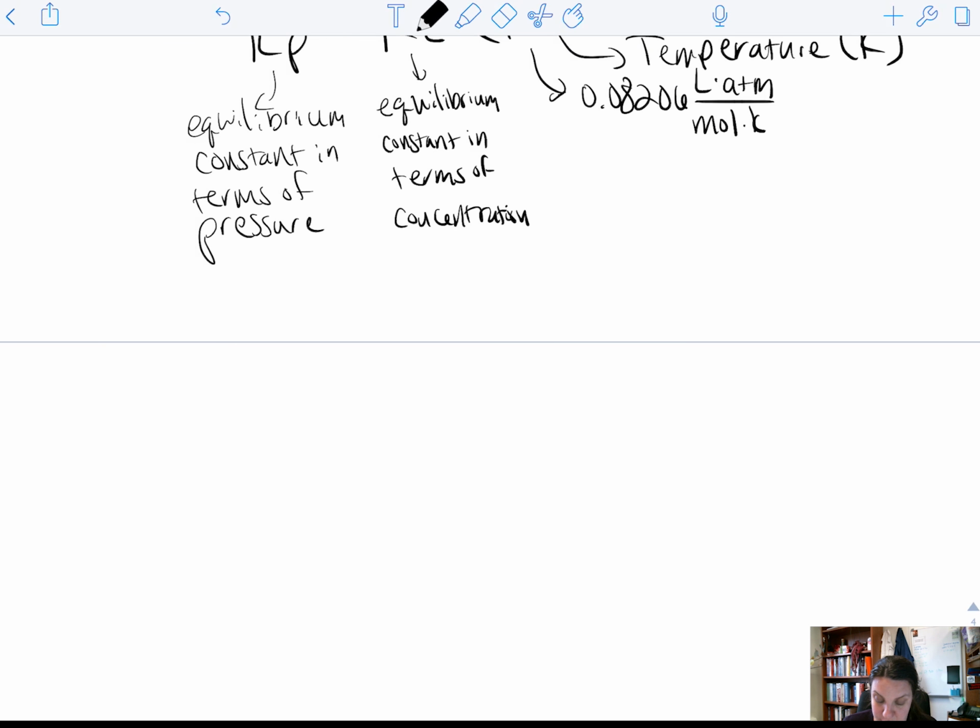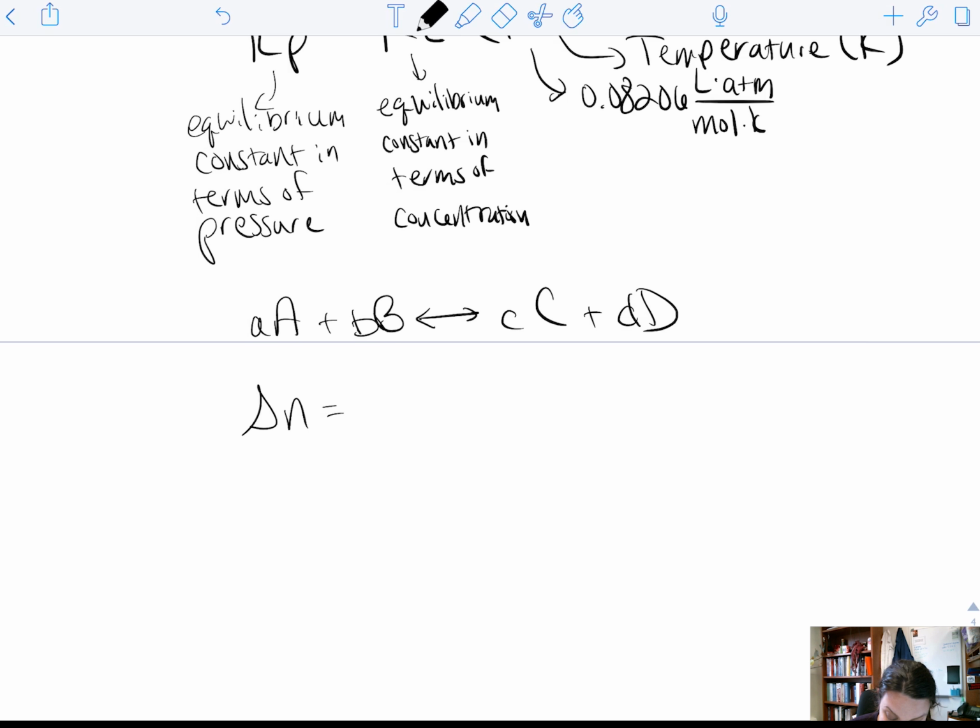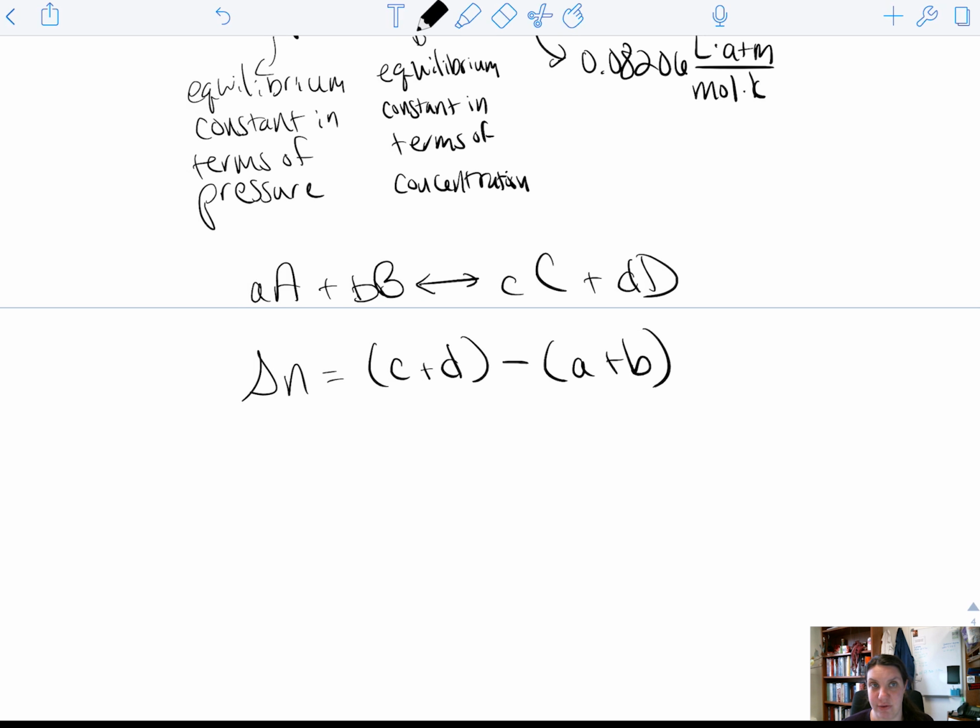So let's look a little bit more at this. Our delta n, in the case of aA plus bB going to cC plus dD, you would say delta n is equal to c plus d minus (a plus b). Okay? So you're just going to add those stoichiometric coefficients in a balanced equation.